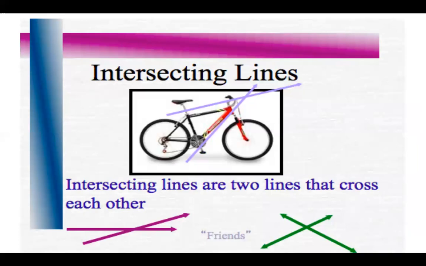Intersecting lines. In real life, this is how you can look at it. If you have a bike, those bars intersect in one point. Many places you can see it. Towers sometimes intersect, branches intersect. There are many intersection points in real life.